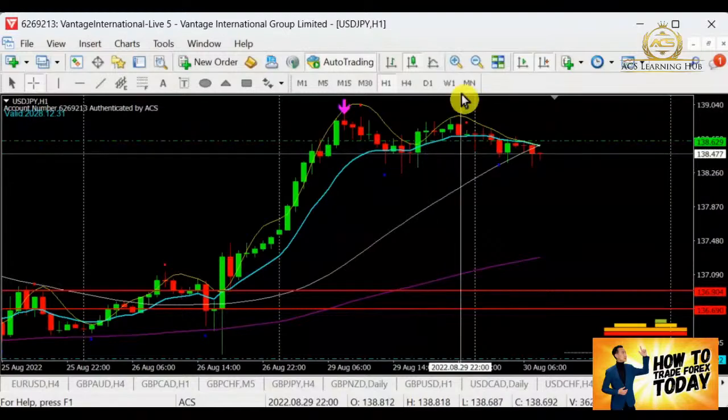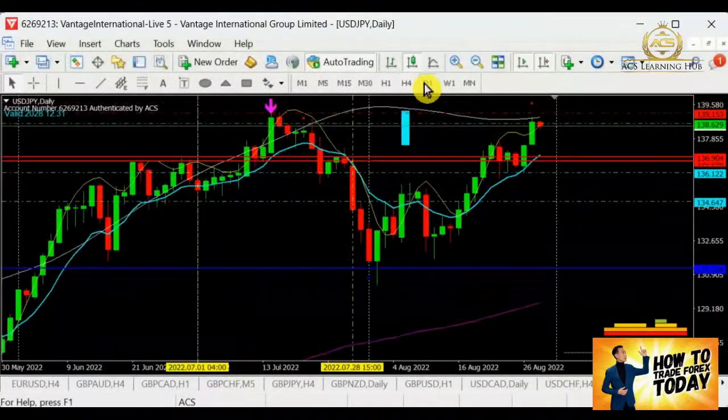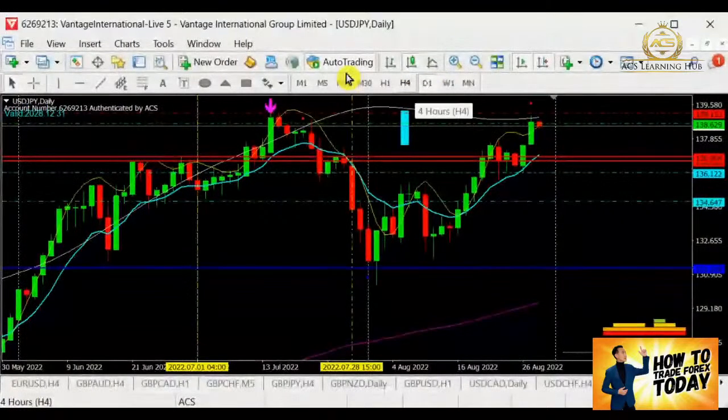It is hovering around this area, but in the general trend, it is still in buying. It seems like it's trying to break the highs to go up to 139.7, perhaps. So this may not be very good for us right now. I'm not going to buy, neither am I going to sell. I want to take a look at what's going on first.